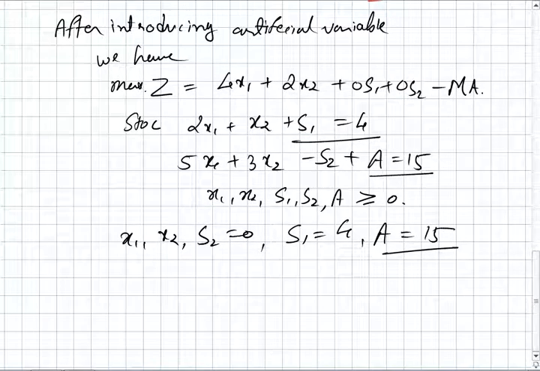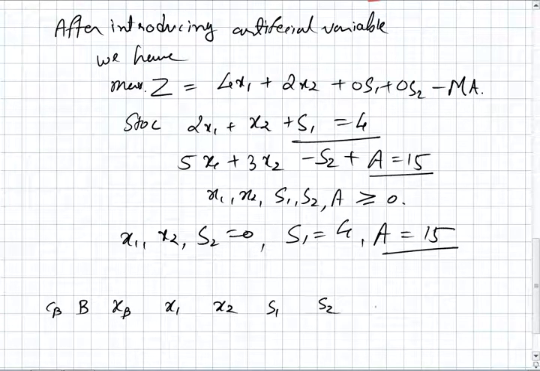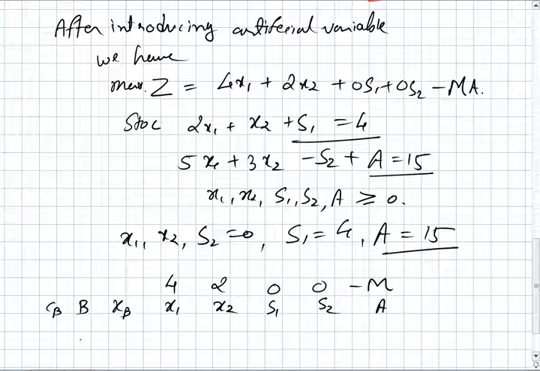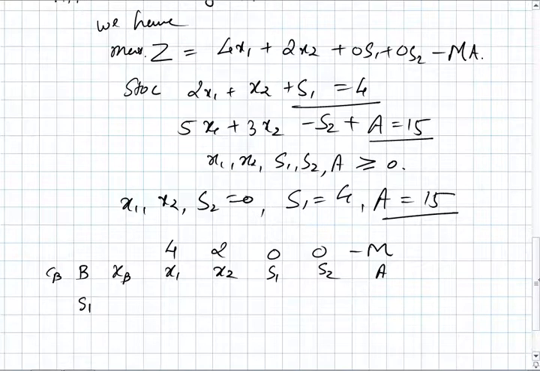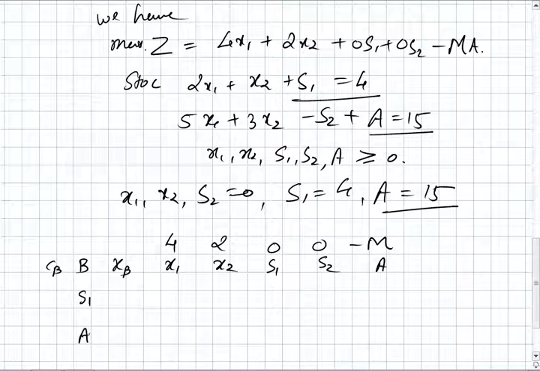The simplex table is as in previous cases: basis, coefficients from the basis, its value, then the variables x1, x2, s1, s2 and the artificial variable, with coefficients from the objective function: 4, 2, 0, 0, minus M. In the basis right now we have s1 and a. The coefficient of s1 is 0 and of a is minus M. The value of s1 is 4 and the value of a is 15.